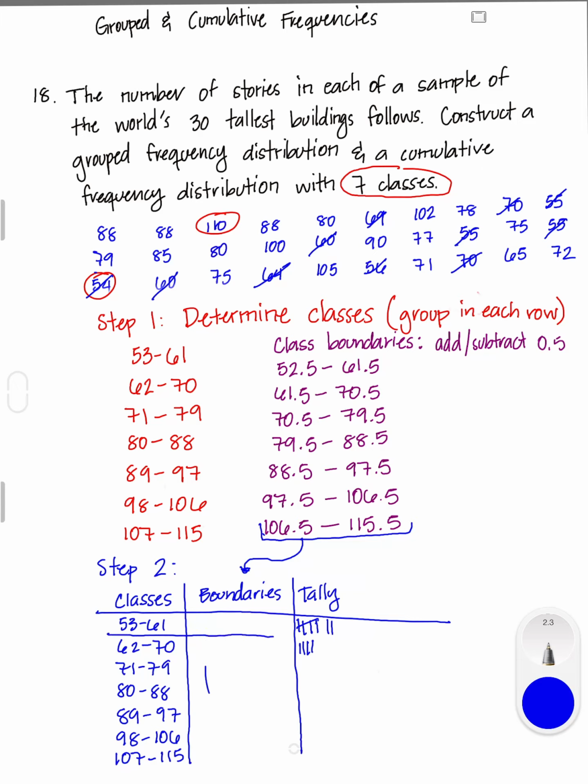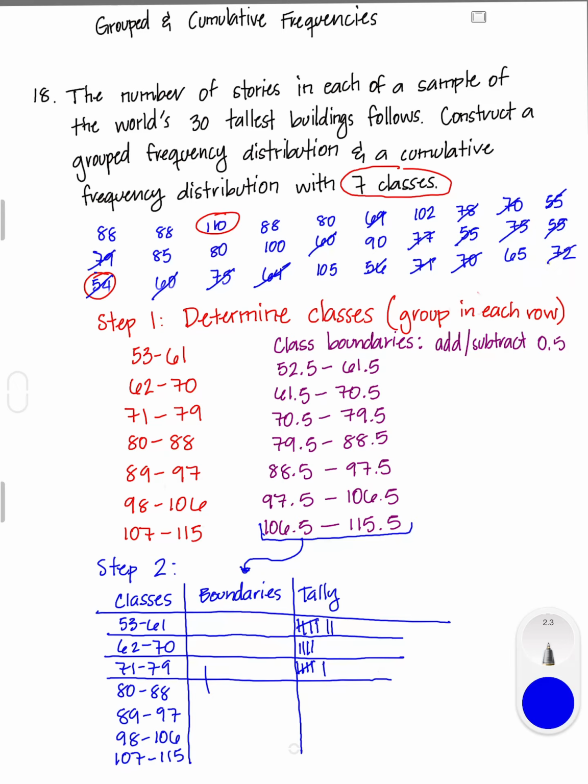So again, I'm going to draw lines in between our classes. Let's see, from 71 to 79. We have 78, that's 1. 79, that's 2. 77, that's 3. 75, that's 4. 75, that's 5. 71, that's 6.